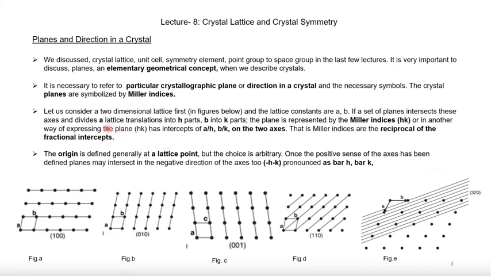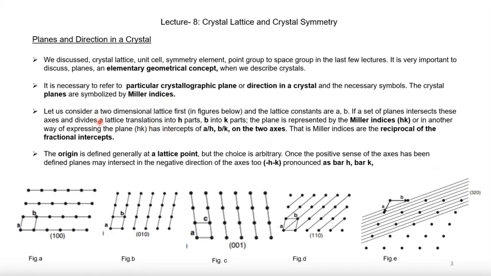How do we put our concept into two-dimensional Miller indices? We have lattice constants A and B, and a set of planes intersecting these axes. The lattice constant A is divided by a translation into H parts; that is, we cut A into H parts and B into K parts.